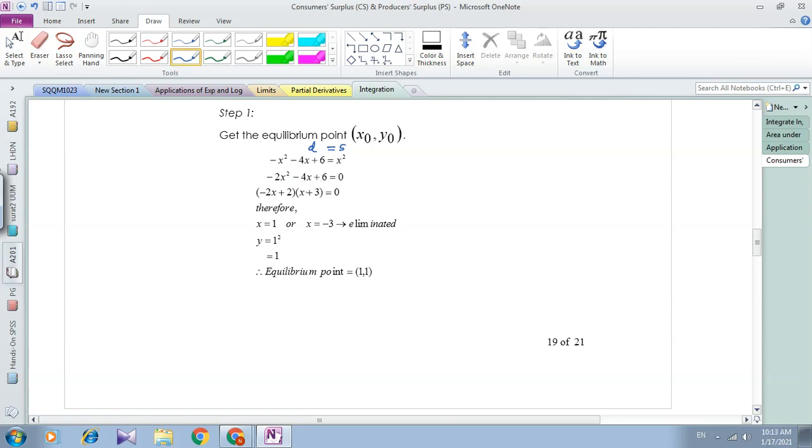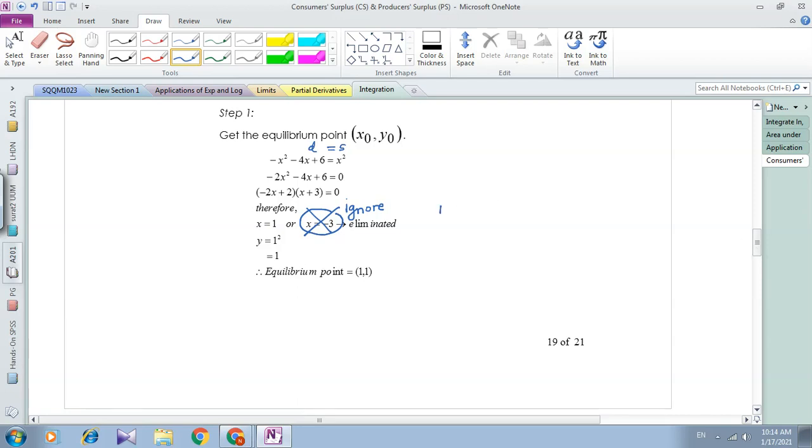We can factor the quadratic function to get x equals 1 or x equals negative 3. But since we only consider positive values of x, we can ignore this. So to find y, replace 1 into either of the equations.